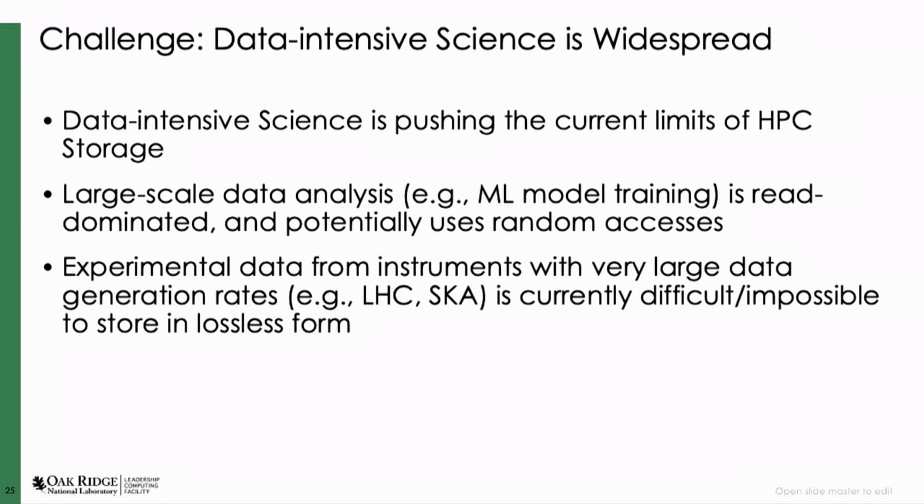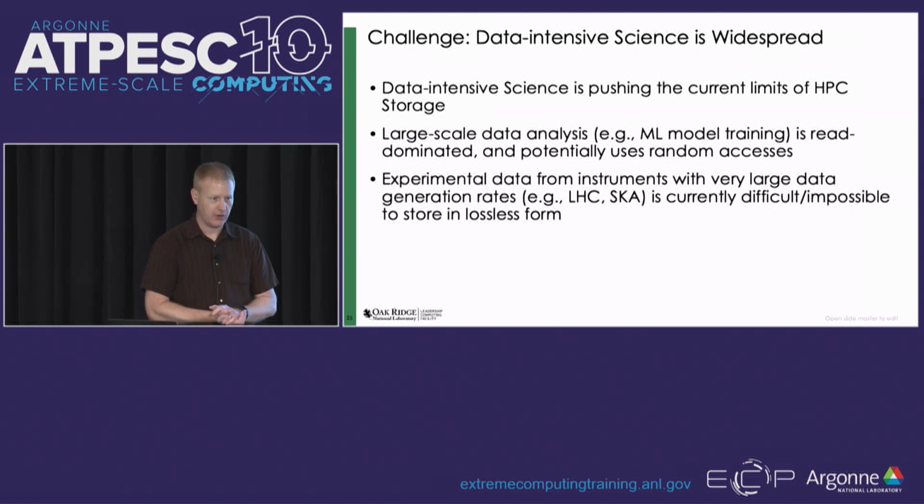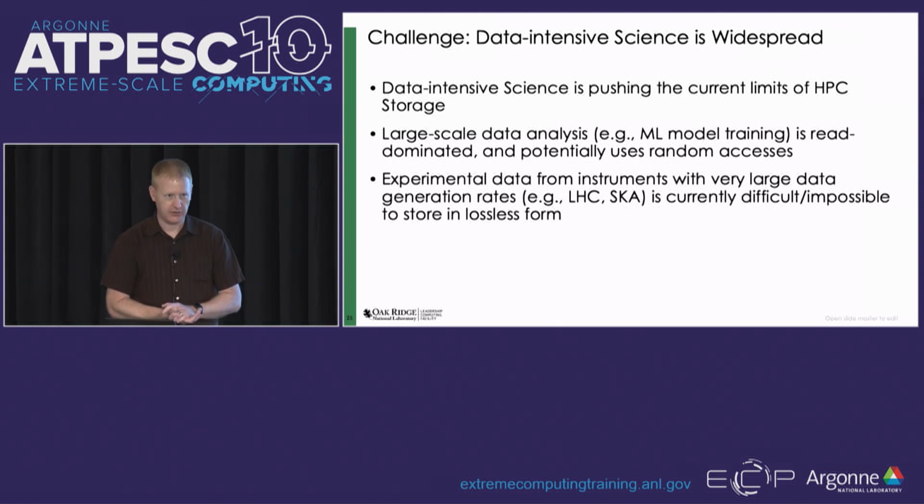Also, we see lots and lots of experimental data from new instruments with very large data generation rates. So Large Hadron Collider, Square Kilometer Array, ASTRO. So basically, it's difficult or impossible to store all the data that these things collect in lossless form.